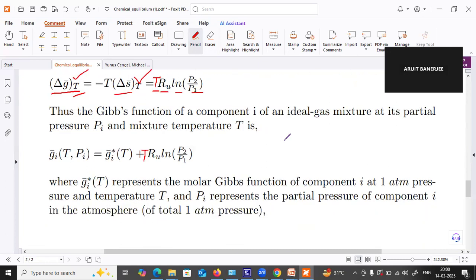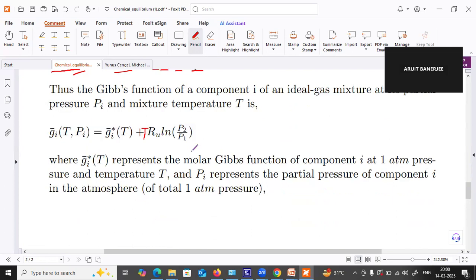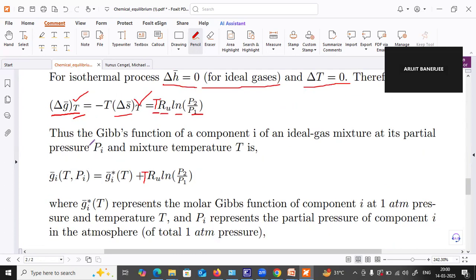Okay. Next is this one. Now you see that I integrate this term. Next I integrate this, so one T will be there.